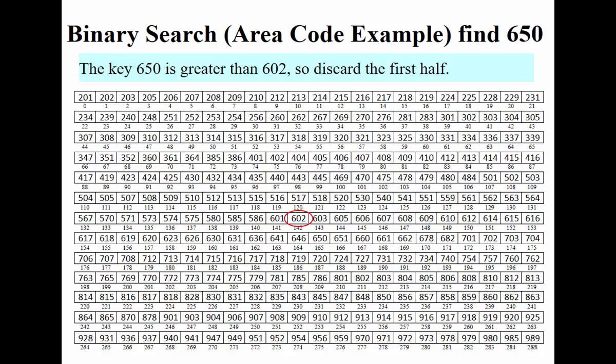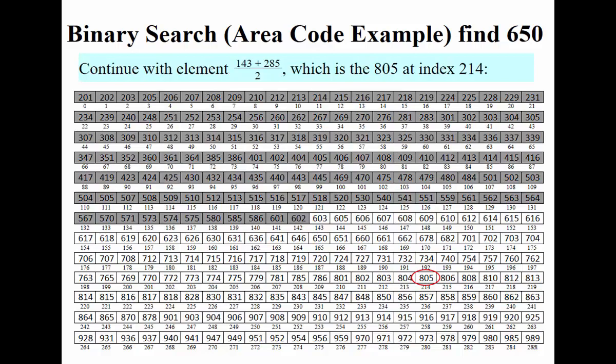The target is less than 602, then I will remove all the upper half. Now we have the middle 85. Is 85 greater than or less than the target? It is greater than the target, so we're going to remove the upper half.